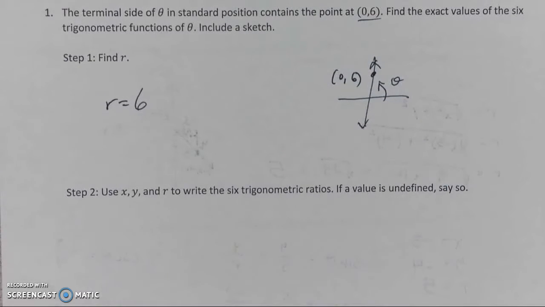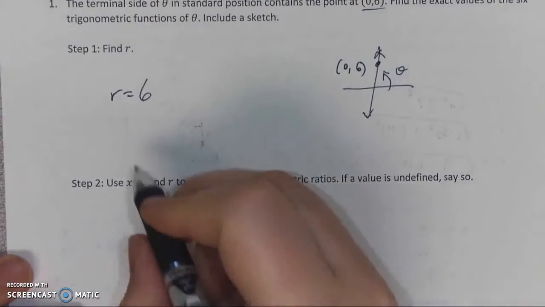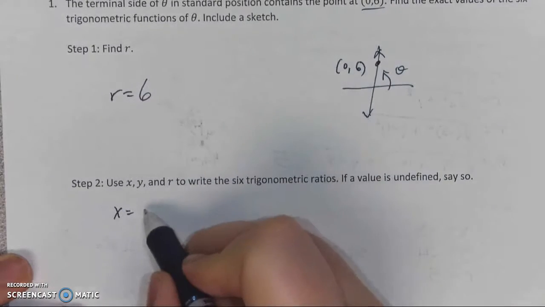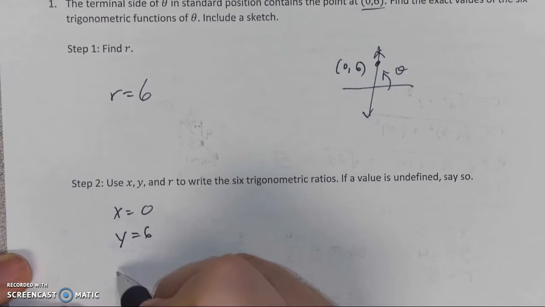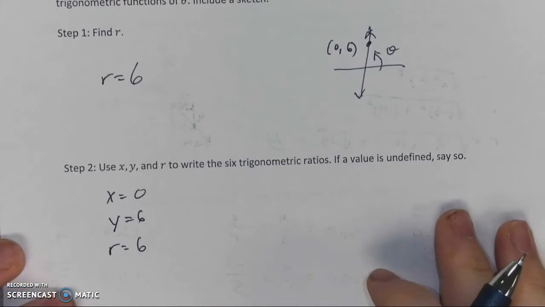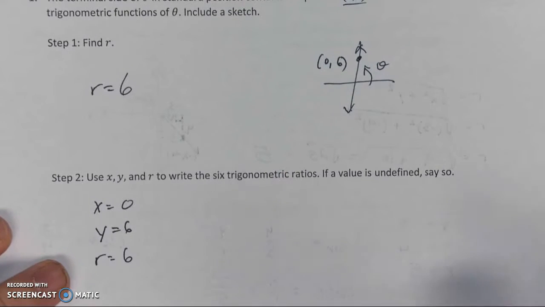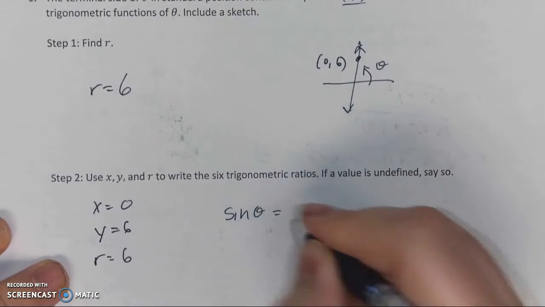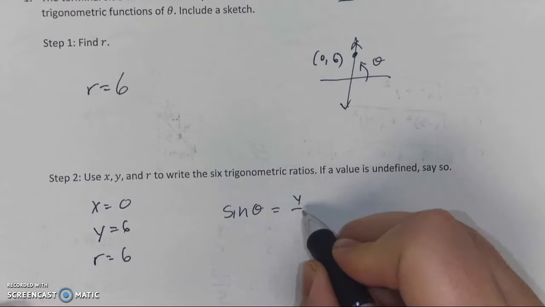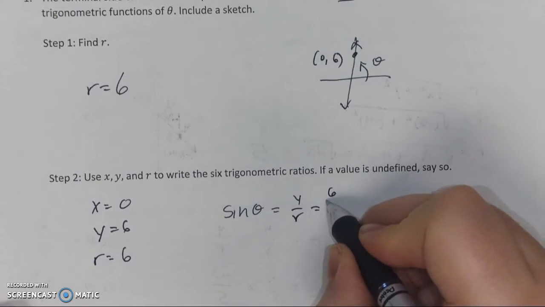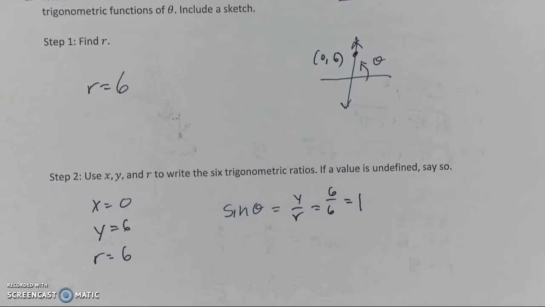Use x, y, and r to write the values of these 6 trigonometric ratios. If the value is undefined, we have to say so. So x we know is 0, y we know is 6, and r is also 6. Sine theta is y divided by r, so that is 6 divided by 6, which is 1.